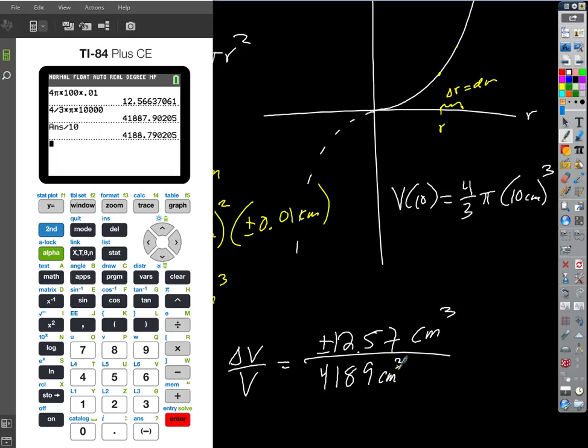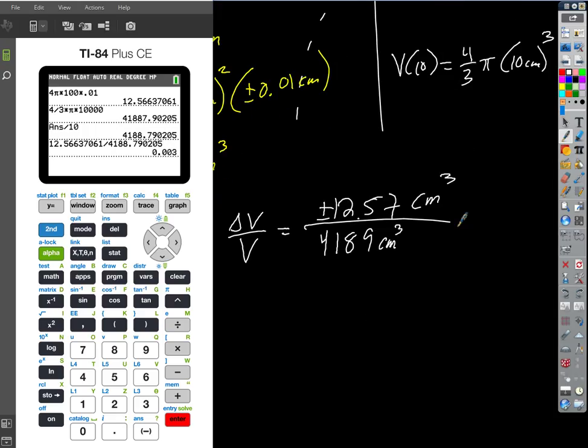If I divide this guy divided by that guy, we get a value of about 0.003.